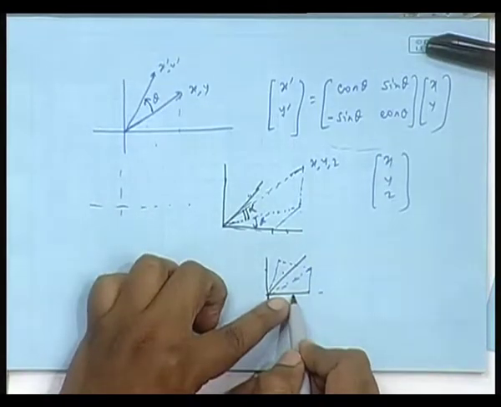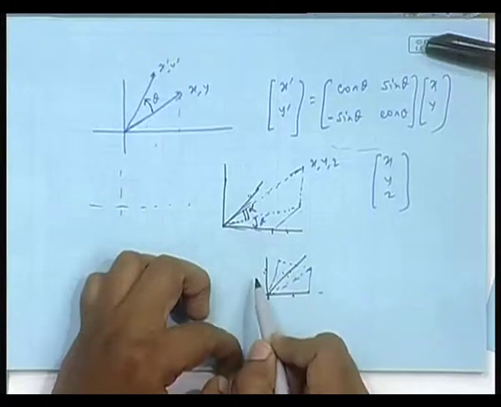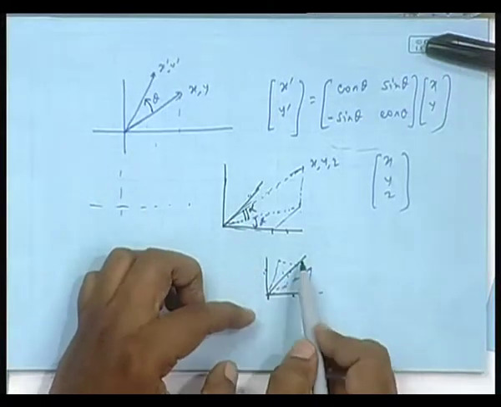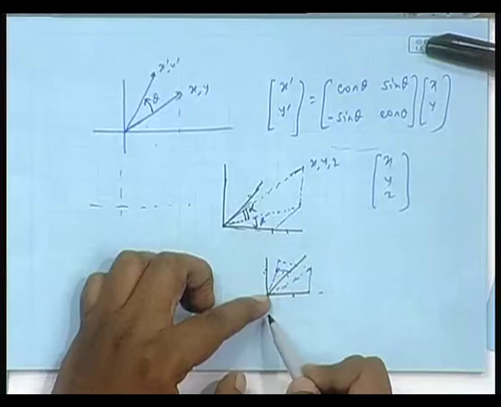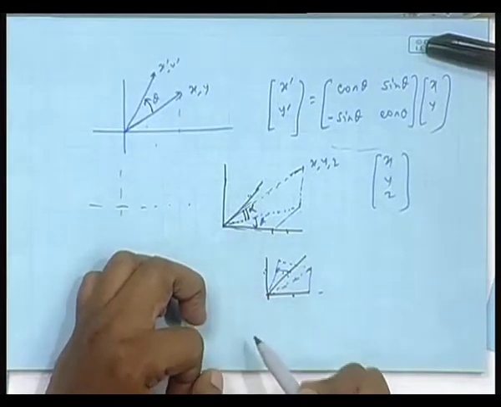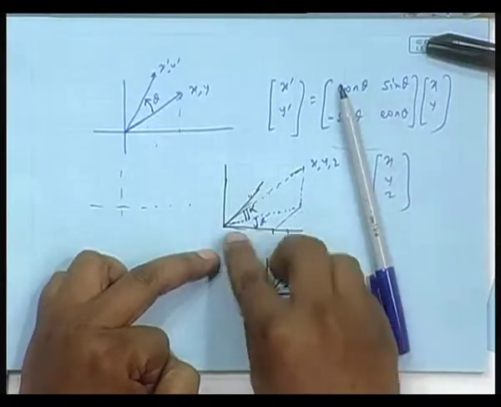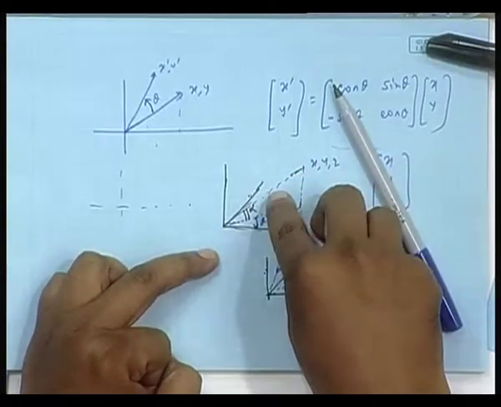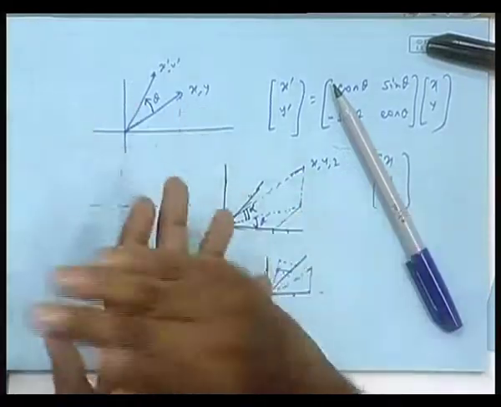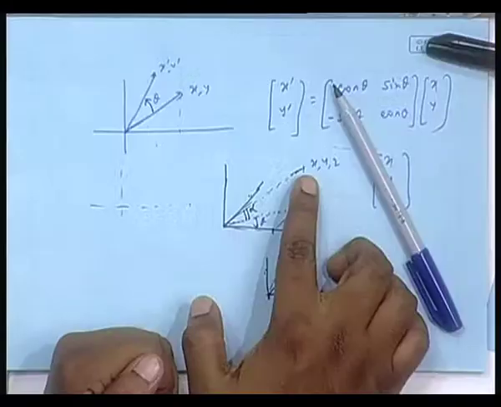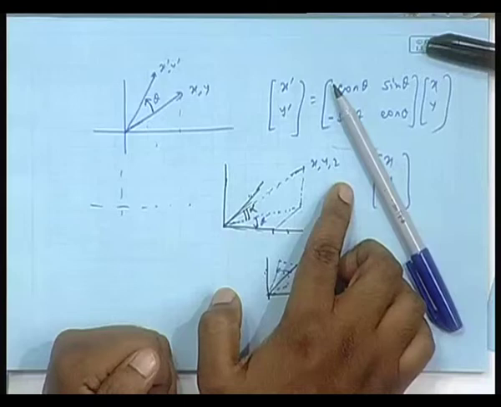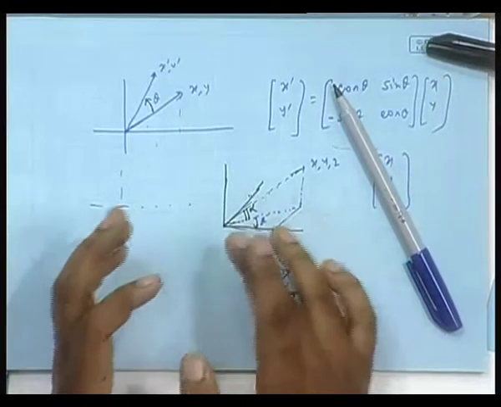Keeping this axis as it is, if I rotate these two now so that this vector is aligned here, then finally this axis will come along this way rotation, then this way rotation. If that happens, then in the new coordinate system, it will be some value, then 0, 0. That is a 2-stage Givens rotation.